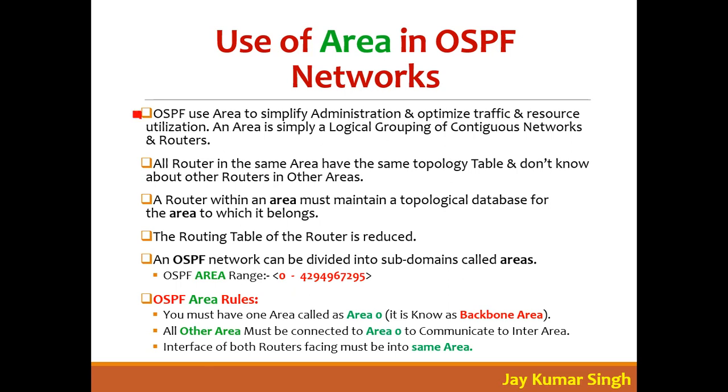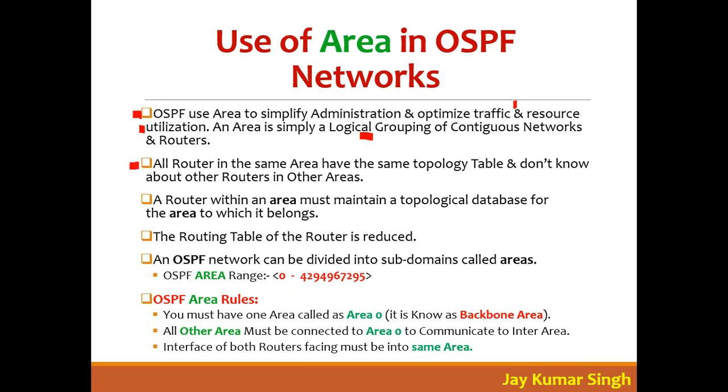OSPF uses areas to simplify administration and optimize traffic and resource utilization. Resource utilization means the RAM and CPU of the router and the bandwidth. An area is simply a logical grouping of contiguous networks and the routers in that area.